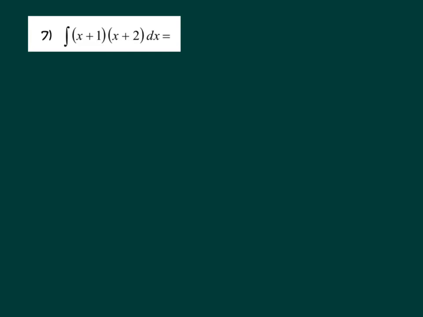So let's start by finding the product of x plus 1 times x plus 2. So as you know, we have to do the square of the common term, plus the addition of the non-common terms, which is 3, times the common term, because this is a notable product, if you remember, and then plus the product of the independent terms. That will be 2, times dx.